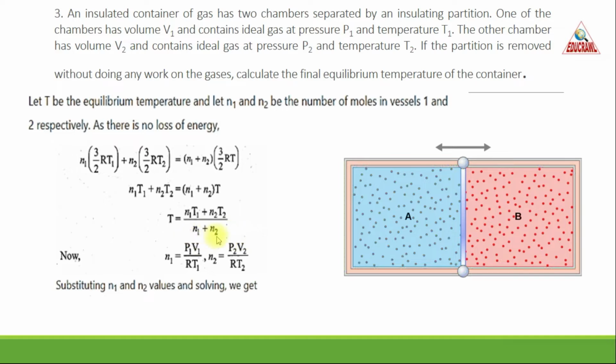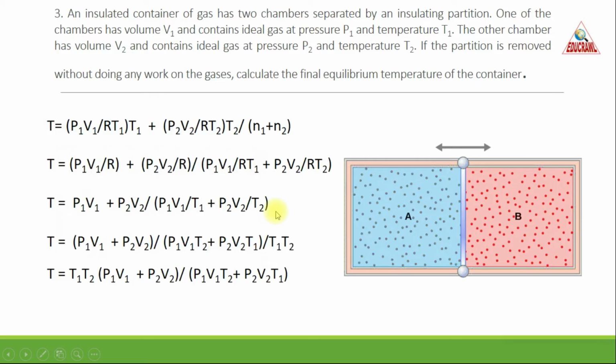Now substituting the n1 and n2 values in the above equation, we will get the final expression for T. N1 we know using our ideal gas equation is P1 V1 by R T1, and n2 is equal to P2 V2 by R T2. Substituting this, you get the expression T is equal to (P1 V1 divided by R T1 into T1 plus P2 V2 divided by R T2 into T2) divided by (n1 plus n2).